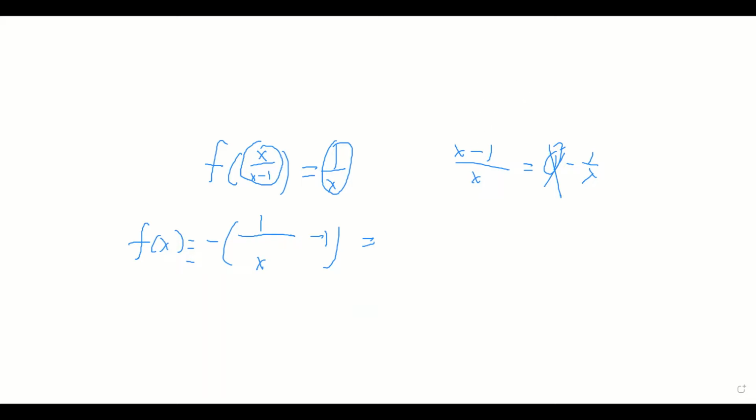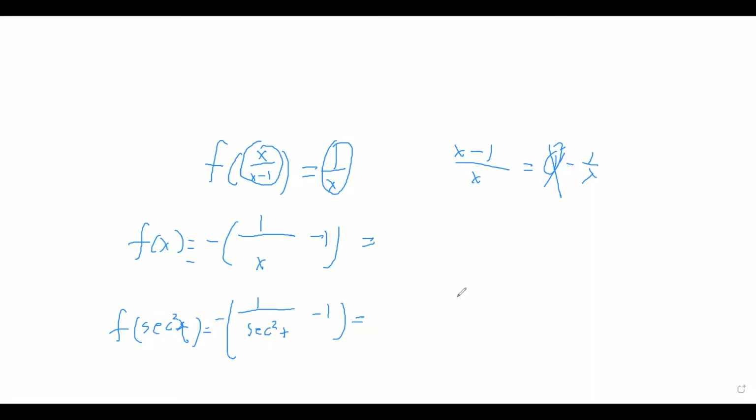The question is f of secant square t, which is equal to negative 1 over secant square t minus 1. You just have to evaluate this.